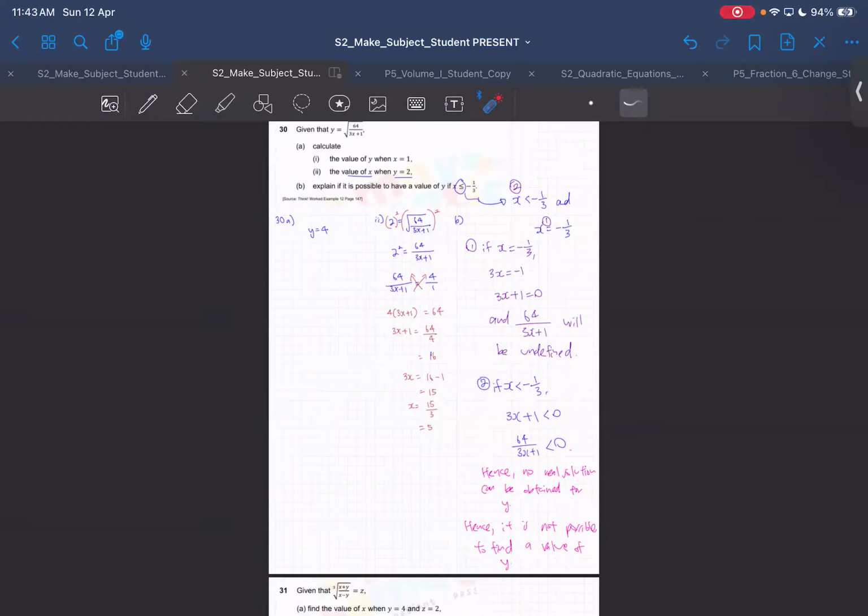Okay, so for 31 part A, it is similar to your 30A part. Oh, it's so small. How do you all see? See, so small.